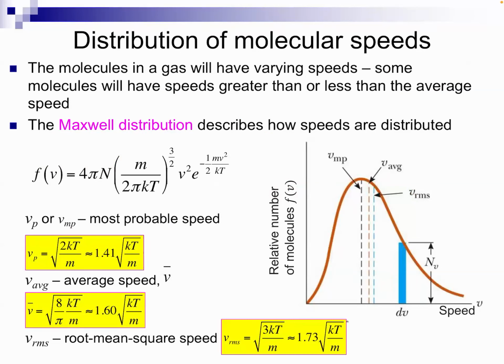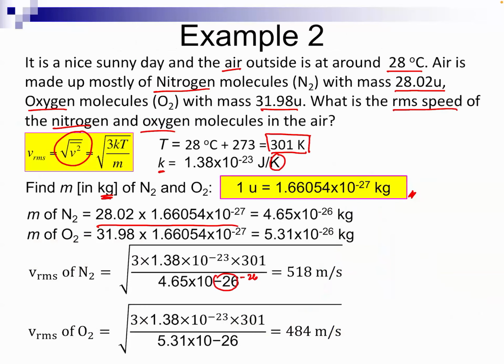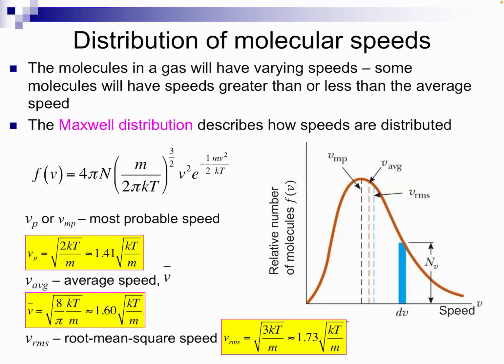So we said that the molecules are moving randomly about, and each one will have its own speed. It's not necessary that they all have the same speeds, as we've seen in this example. Nitrogen and oxygen molecules have different RMS speeds, and individual molecules will have their own speeds anyway.